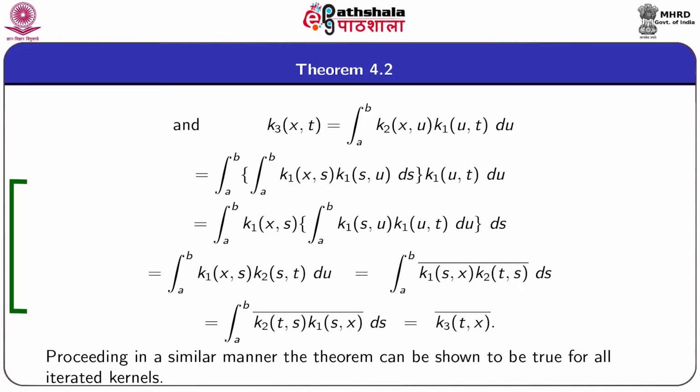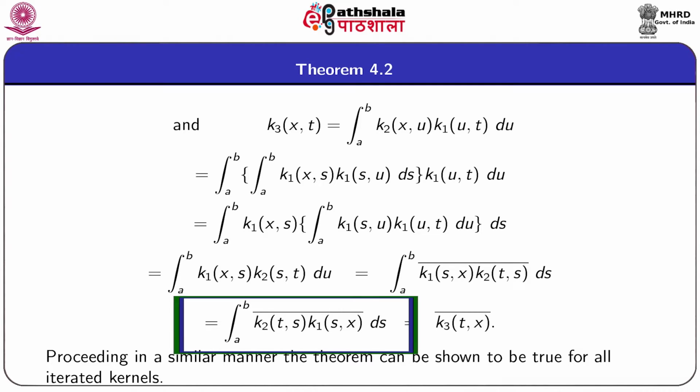Now we know that K1 x s is a symmetric kernel and also K2 s t is a symmetric kernel, so we use this property to write K3 x t equal to integral from a to b K1 bar s x into K2 bar t s ds, which can be rewritten as integral from a to b K2 t s into K1 bar s x ds, which is equal to K3 bar t x.